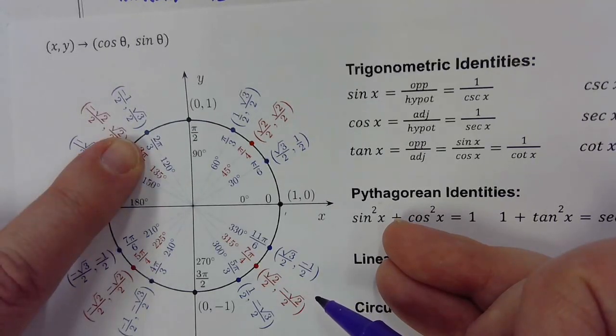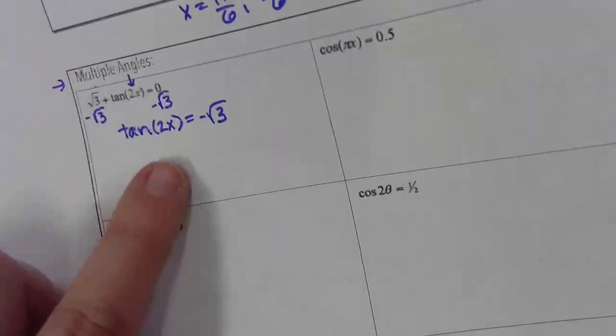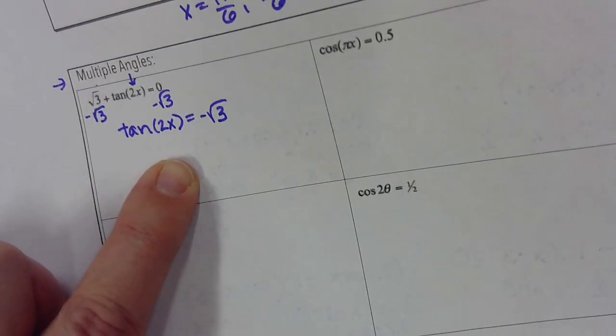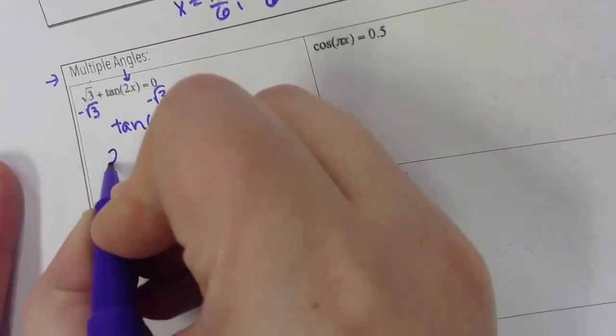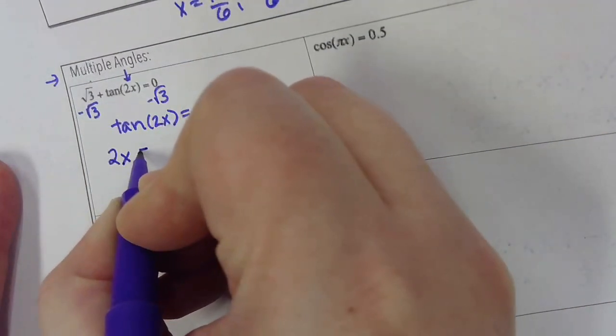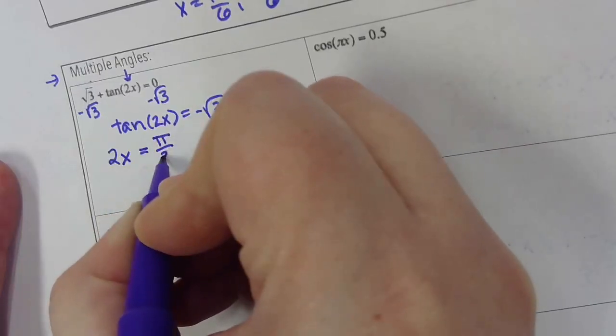It would happen at 2 pi over 3. So instead of saying x would be 2 pi over 3, all you need to adjust is that 2x would be equivalent to that.